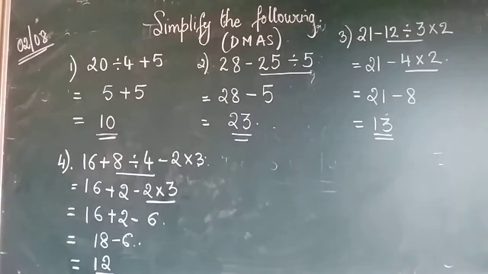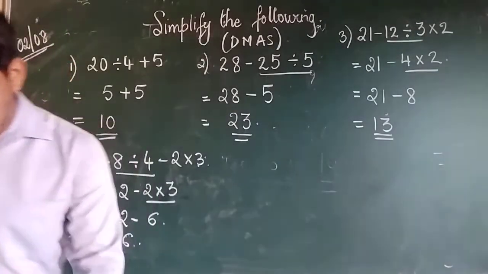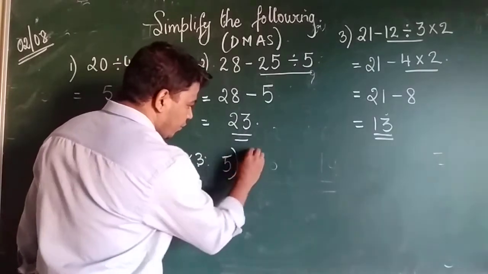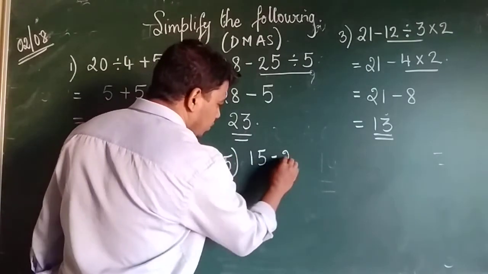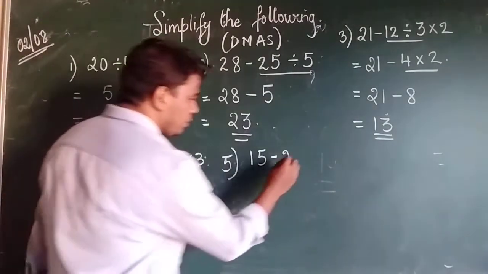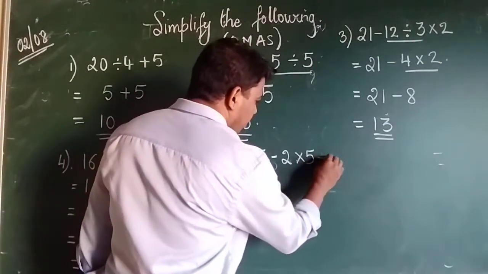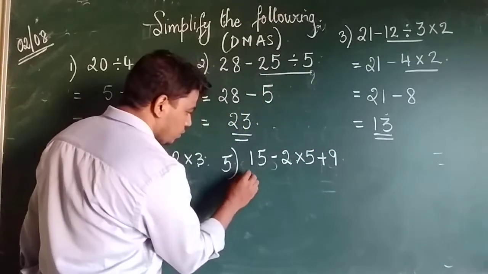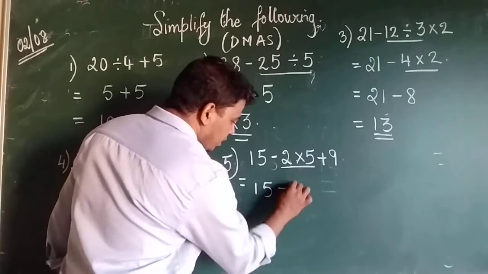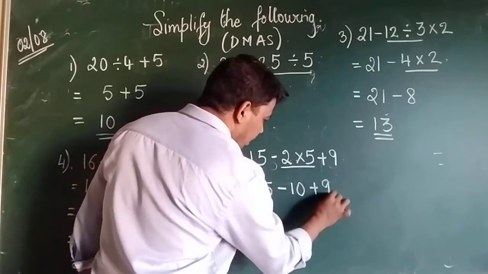Okay, let's go to the fifth one. 15 minus 2 into 5 plus 9. So we will do the multiplication first. 15 minus 10 plus 9.